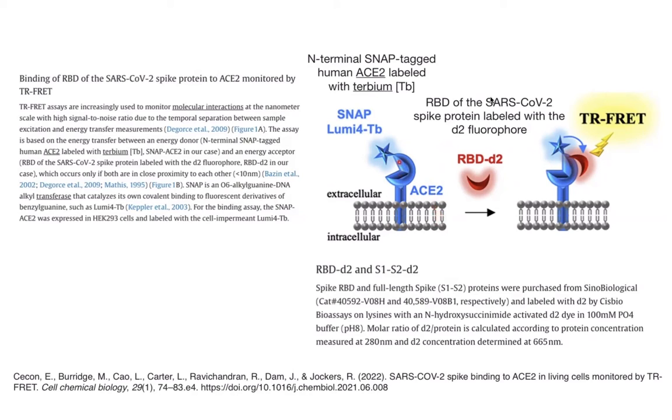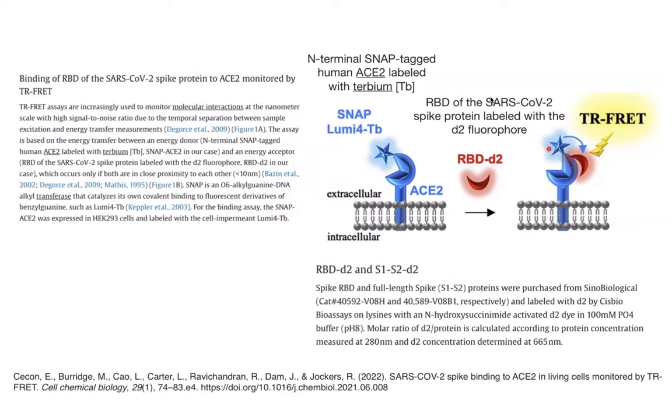So we have a fluorophore on our ACE2, which is called Lumi4TB. And then we have a fluorophore on our receptor binding domain, our D2. What's going to happen is that if the receptor binding domain binds to ACE2, so binds to our cellular receptor, we're going to get FRET.